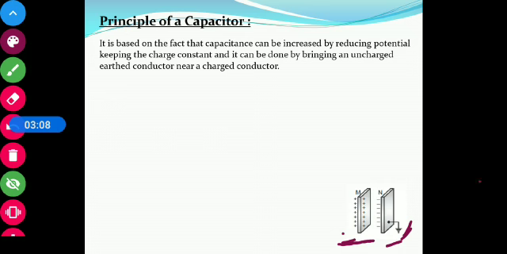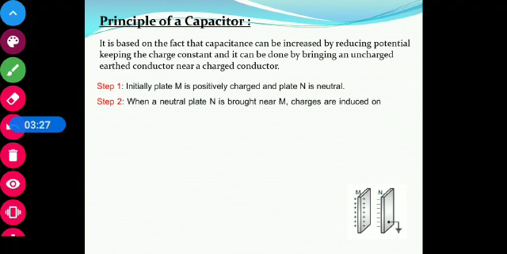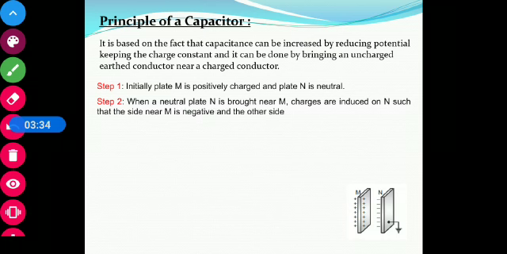So for this, step 1. Initially, plate M is positively charged and plate N is neutral. Step 2. When a neutral plate N is brought near M, charges are induced on N such that the side near M is negative and the other side is positive.